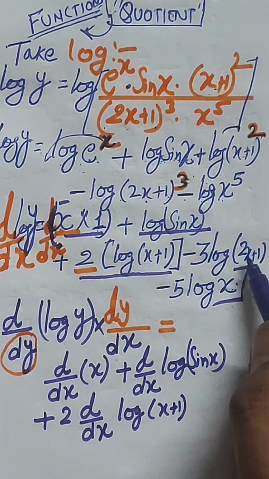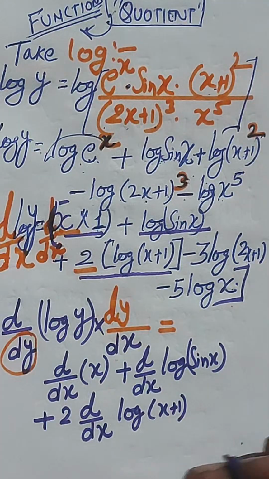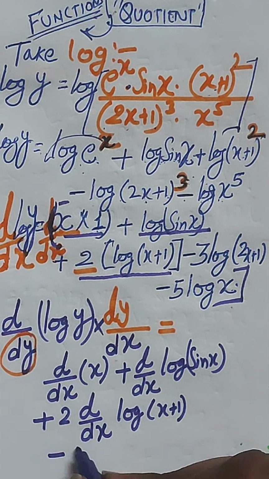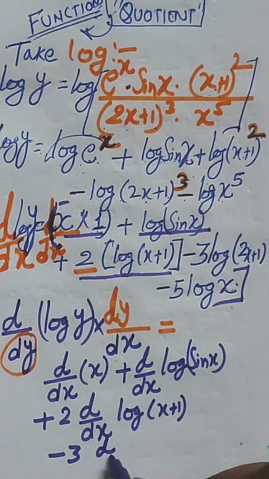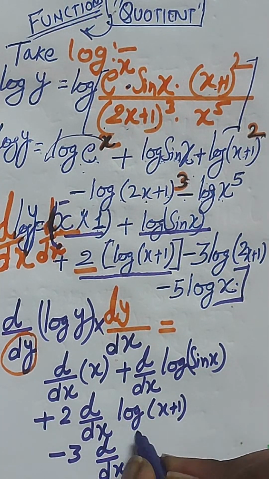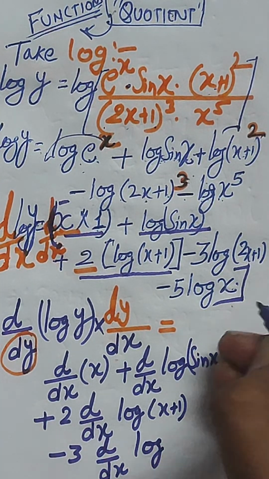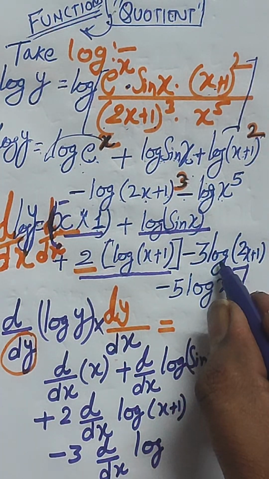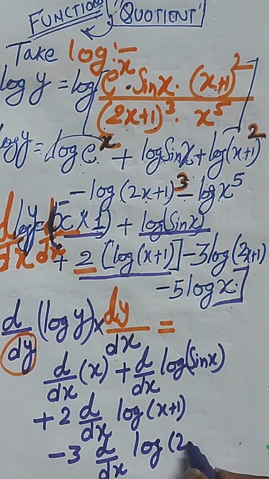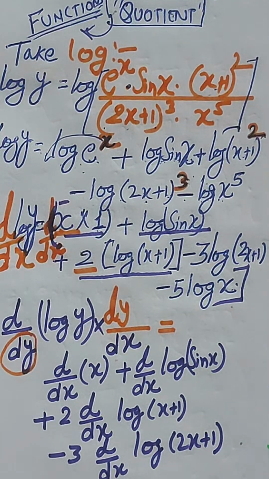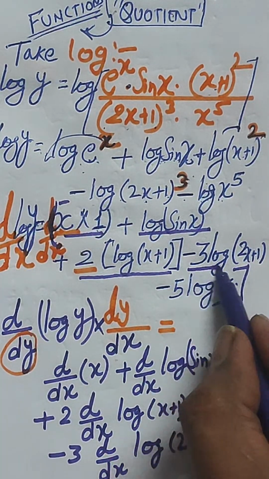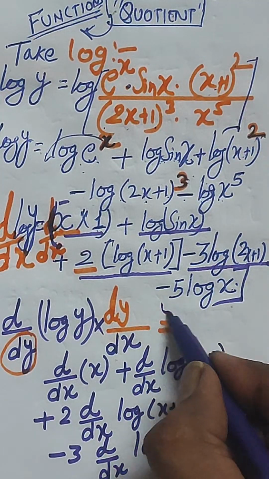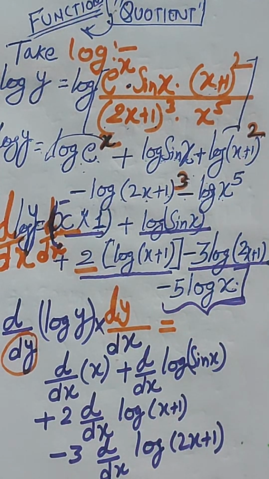Now minus 3 times log of 2x plus 1. So this will be minus 3 times d by dx of log of 2x plus 1, right? So in this way this will also complete. Now this is only left, minus 5 log x.